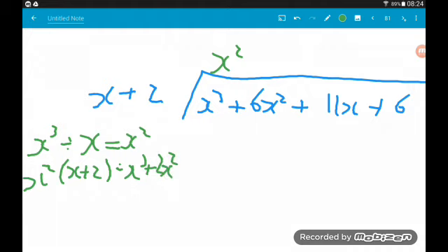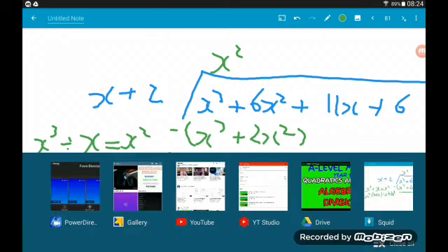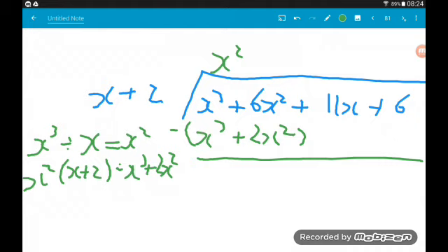So we now write that underneath the original expression, like that. And we now subtract that green expression from the blue expression. So, x cubed minus x cubed cancels out.